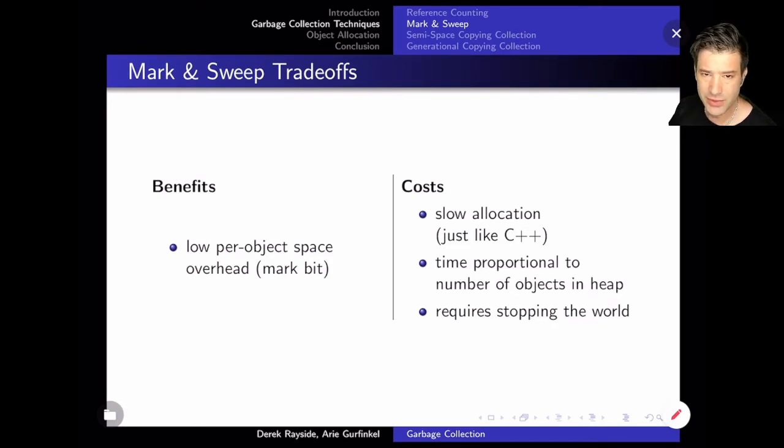Every time we delete an object, we have to add its space into the list of free memory. If we allocate objects in a certain order, we fragment our heap. So that's our cost. And then the time that it takes to run garbage collection is proportional to the number of objects in the heap.